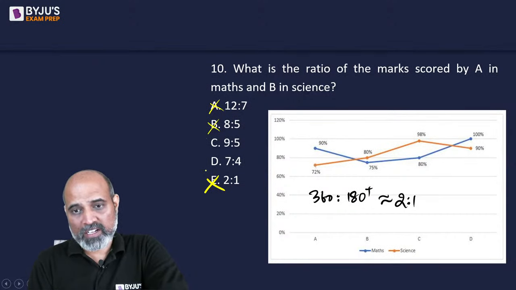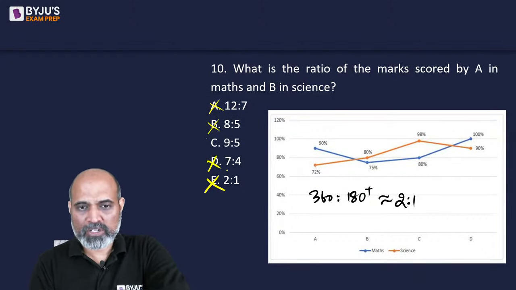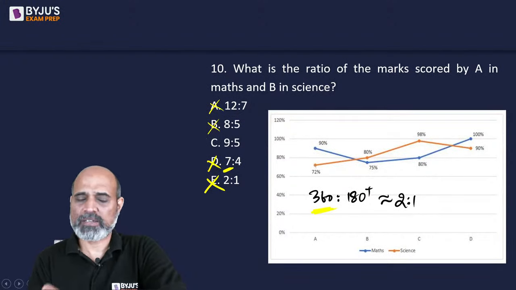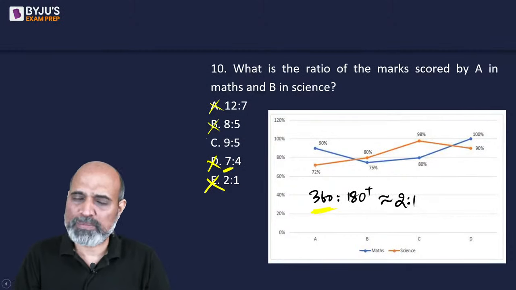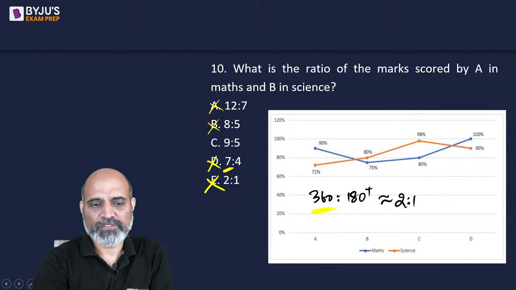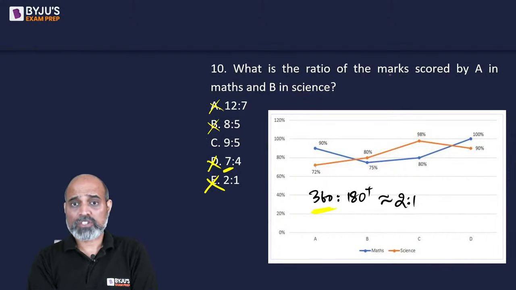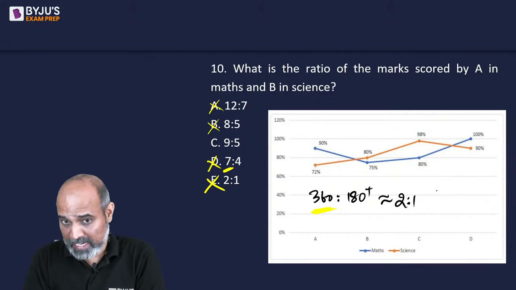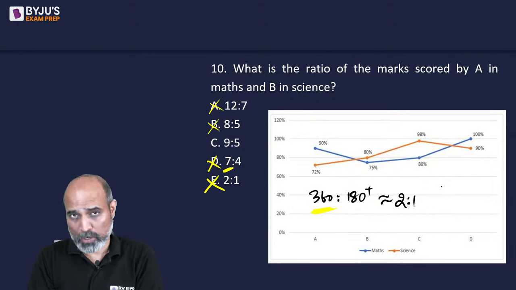So we are struggling right now with C and D. D cannot be our answer because it says 7 and we don't have a 7 here. 360 में 7 दिखना चाहिए ना, तभी तो 7 बचेगा in the ratio when common things will cancel out. Let's do one thing. Let's verify this. So the marks scored by A in maths is 90% of 400, which is 360.